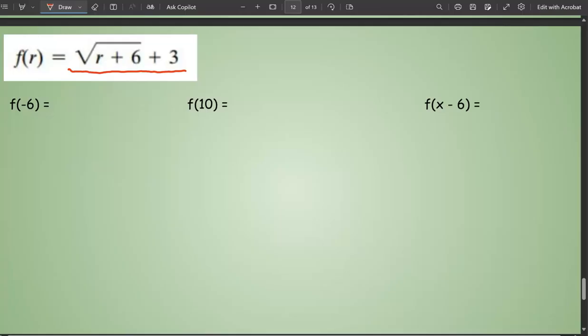We're still just taking negative 6 and substituting it in. So I get radical negative 6 plus 6. Notice that the plus 3 is not under the radical. I try to put a little line saying I'm done being in the radical. And so that's radical 0 plus 3. So the square root of 0 is 0, plus 3.